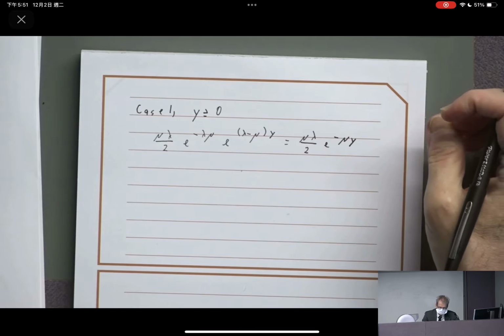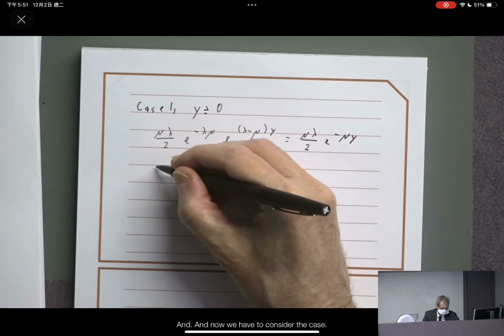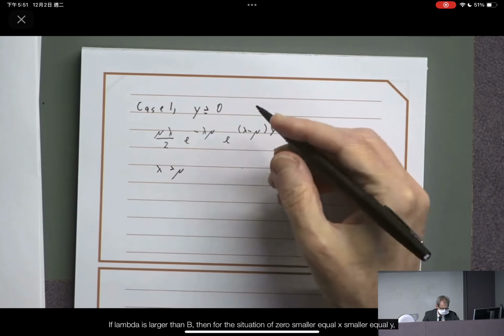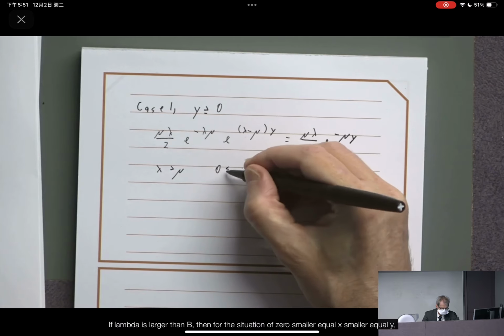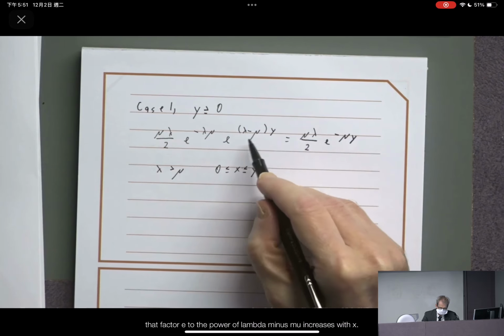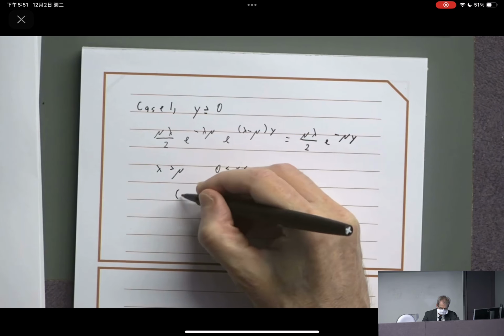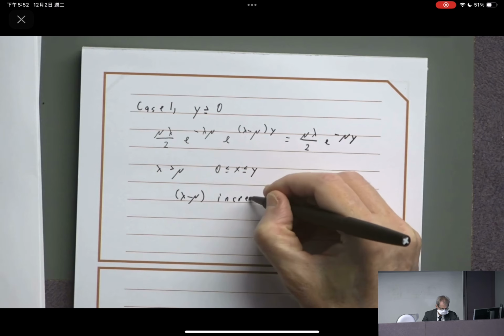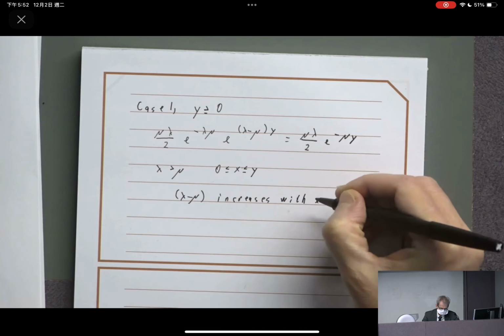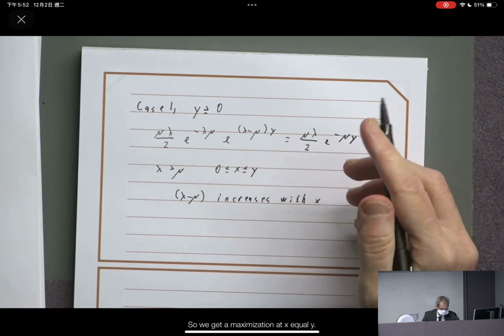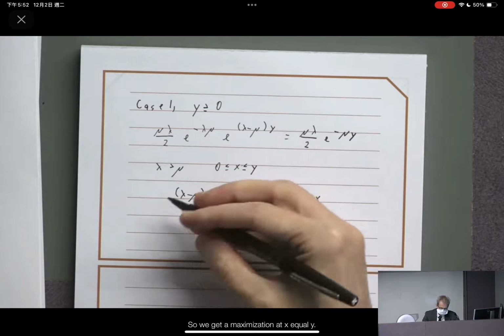And now we have to consider the case if lambda is larger than mu, then for the situation of 0 smaller equal x smaller equal y, that factor e to the power of lambda minus mu increases with x. So we get a maximization at x equal y.